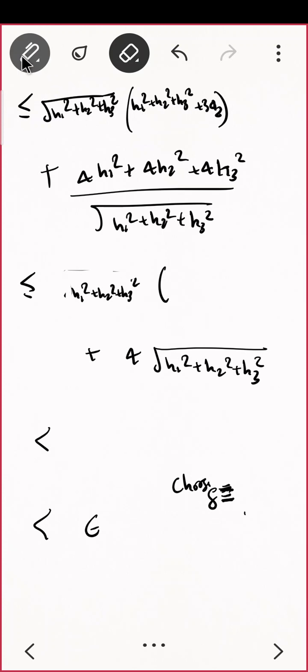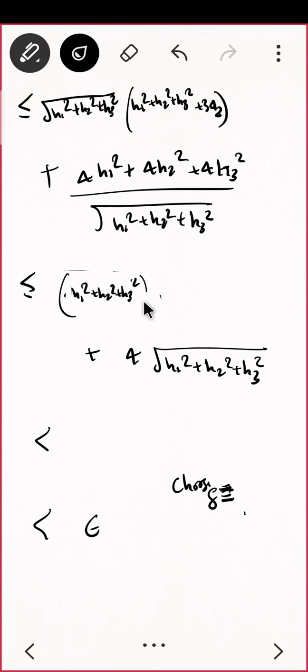If you open the bracket, yeah, so this will be (h1 plus h2) raised to half and 1, so it will be 3/2, plus again 3/2 multiplied by root of h1 square plus h2 square plus h3 square. Now try to see, this will be 3/2 plus 4, and this is something.